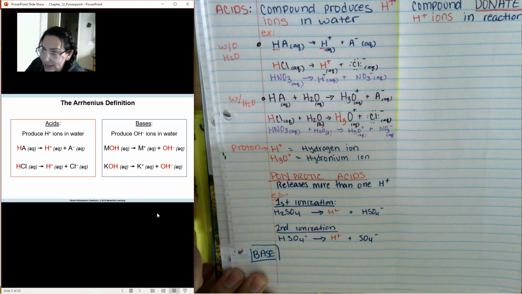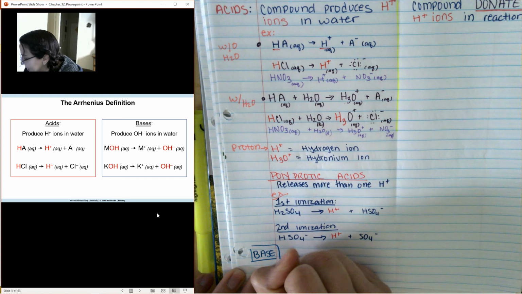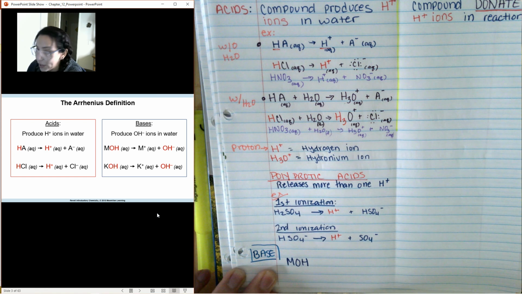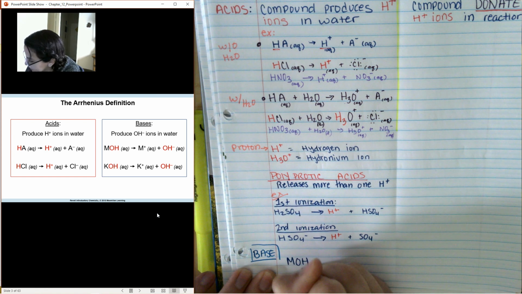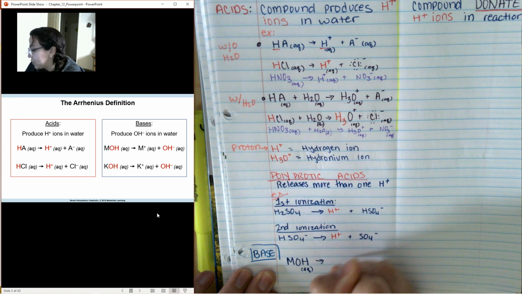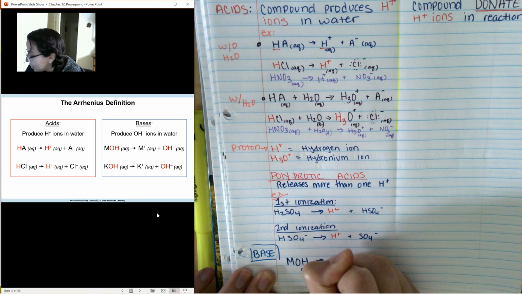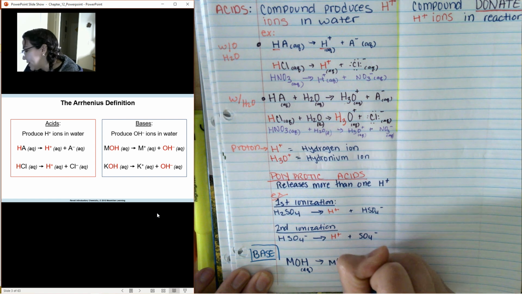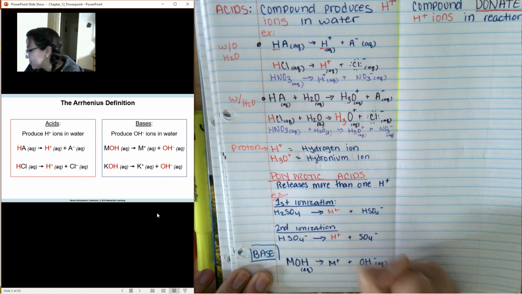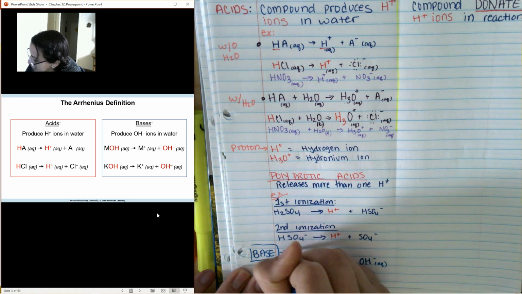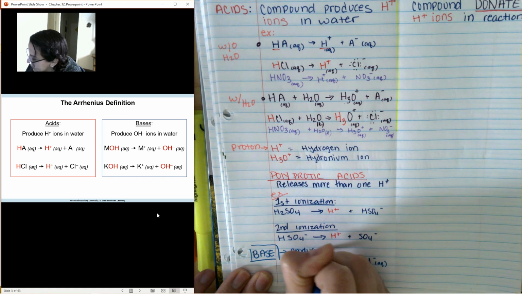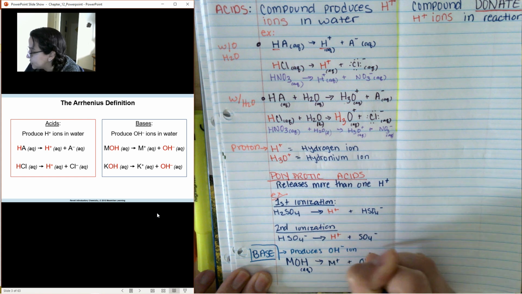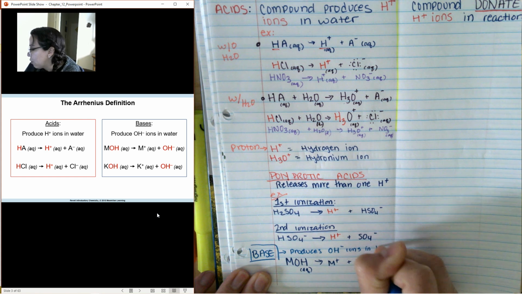So the base is going to be written like this for our example: MOH, aqueous, produces your metal ion plus a hydroxide ion. So the base produces hydroxide ions in water.